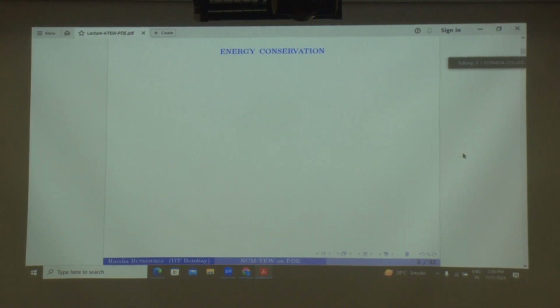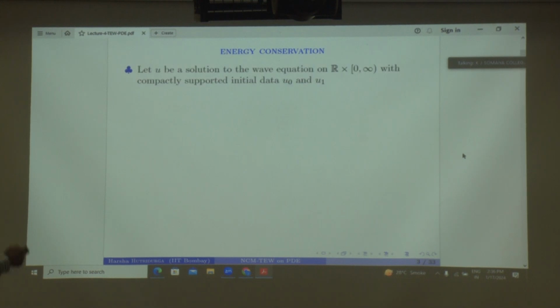Okay, so now this energy conservation. We did something about the triangles, okay, that's one property of solutions to the wave equation. There's also something known as energy conservation. For that we need to introduce some notations, and I'll introduce that. So suppose you take this solution u to your wave equation, utt equals uxx, okay.